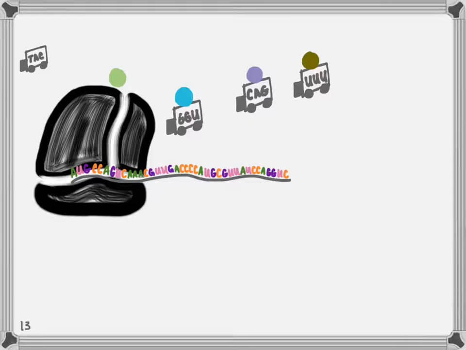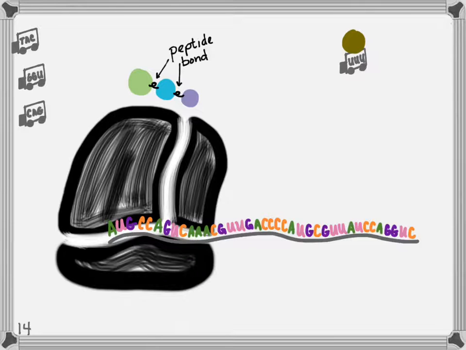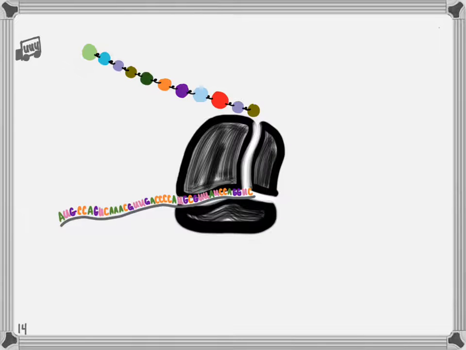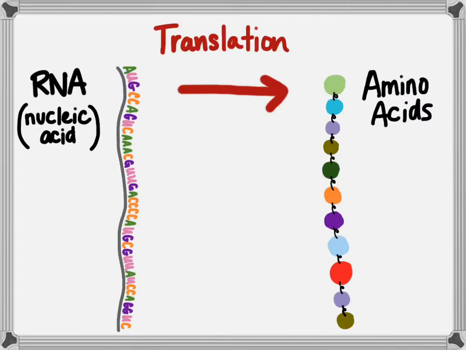In other words, the anticodon only provides a confirmation that the correct amino acid is delivered. As the next codon is read, the next amino acid gets attached to the previous amino acid with a peptide bond. This keeps on going until the ribosome reads a stop codon. The process of creating a chain of amino acids from mRNA is called translation. Now the cell is translating the information from the language of nucleic acids to the language of proteins.